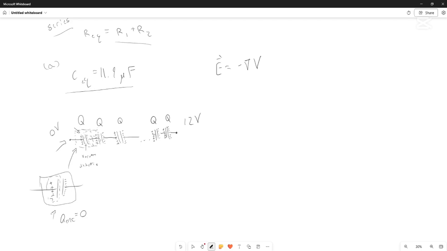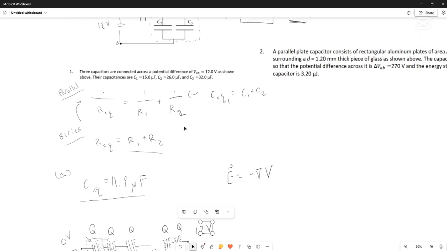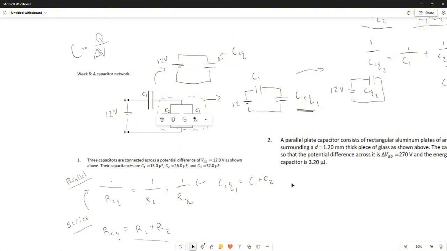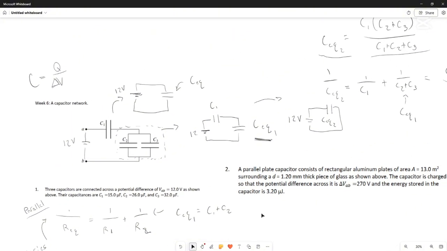So this is important, because that means if we have a circuit, capacitor network here, that in the case of, say, this second equivalent circuit, whatever charge is on C1 is also the charge on C equivalent 1, because they're in series. And as we just argued, two capacitors or any number of capacitors in series will have the same charge on the plates, right?